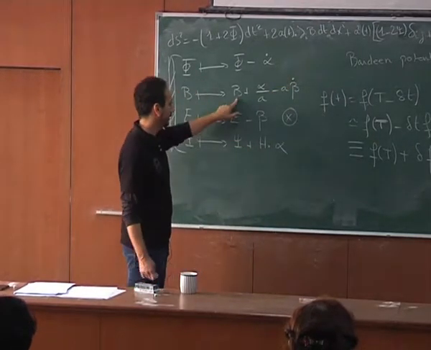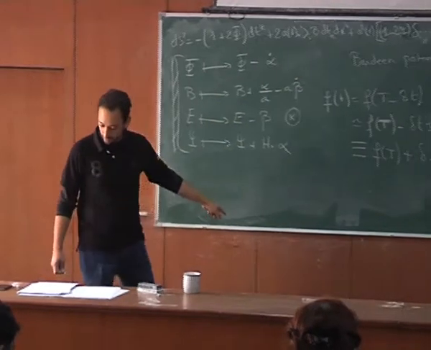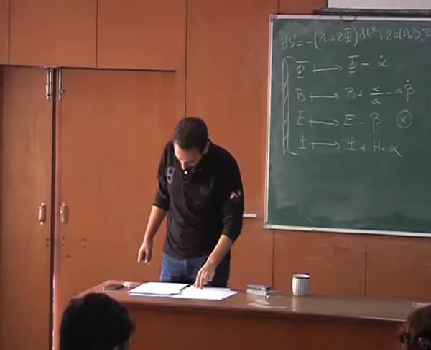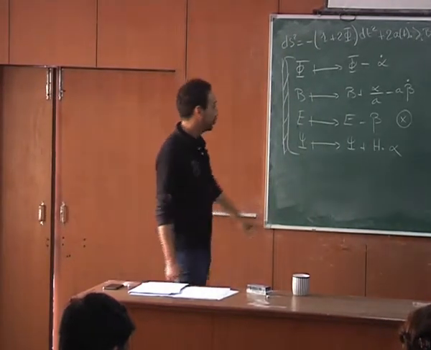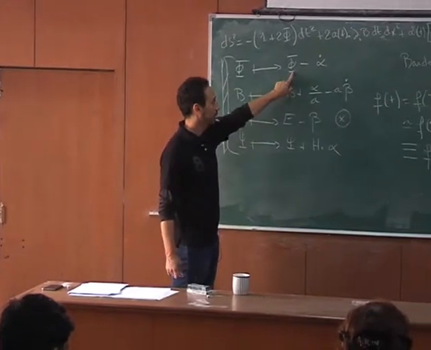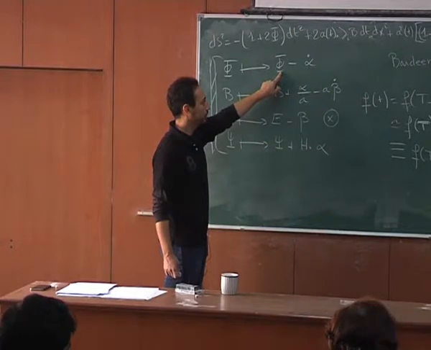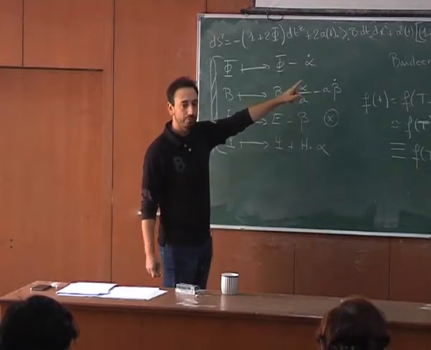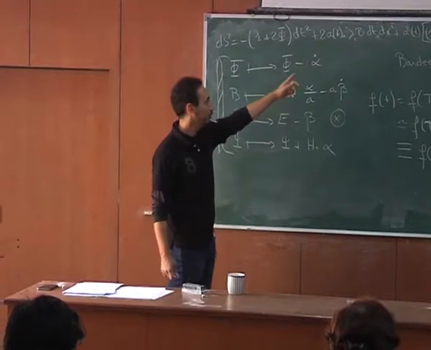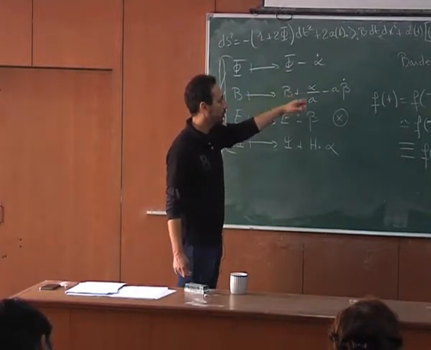So then I can either kill this one by choosing alpha, or I can kill this one. Is it with an alpha or an alpha dot? It's alpha. This one is a bit more tricky, because you don't fix alpha completely.